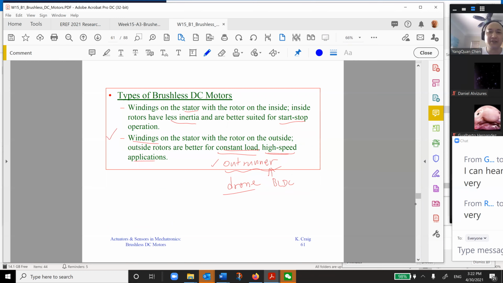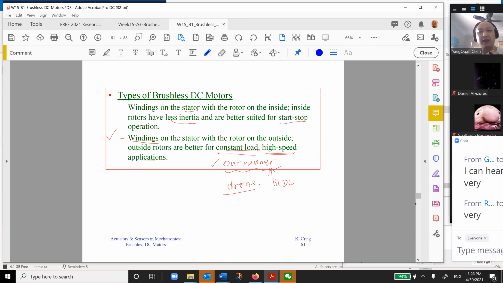So what are the types of brushless DC motor? The windings are on the stator and the rotor is inside. In this way, this rotor has smaller inertia, so it suits frequent start-stop operations.